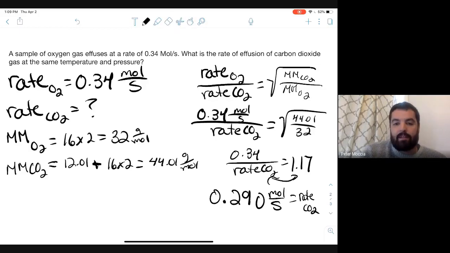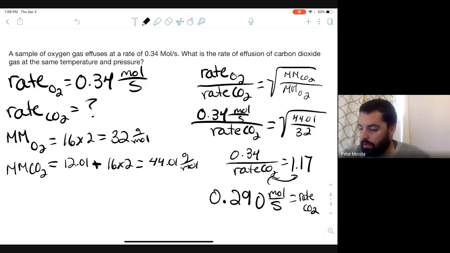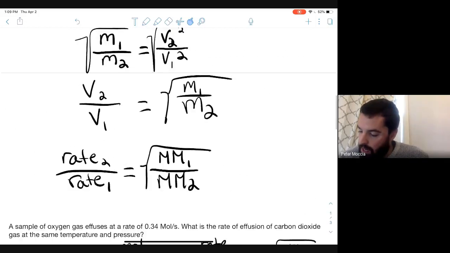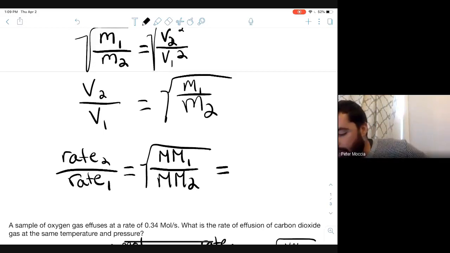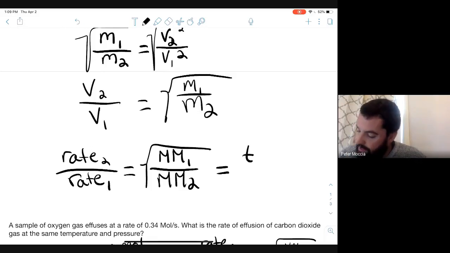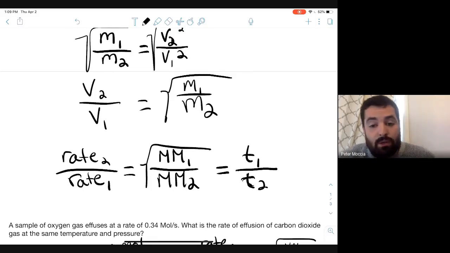One other thing that will help you out a little, actually, is the time it takes sample number 1 to effuse over the time it takes sample number 2 to effuse is also equal to these things. But notice that it's 1 over 2.